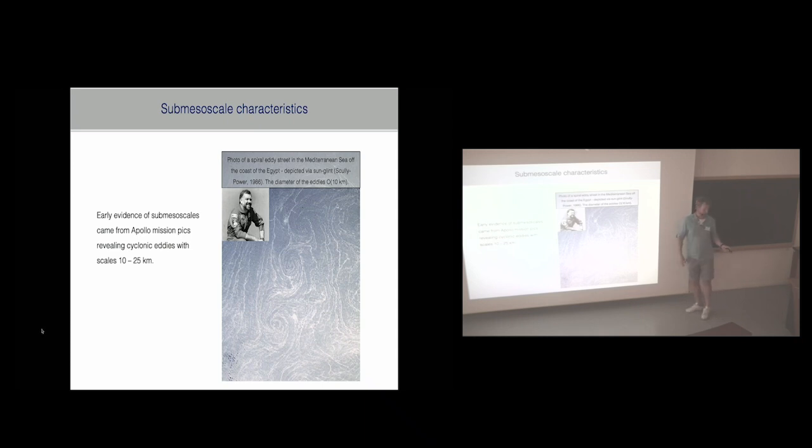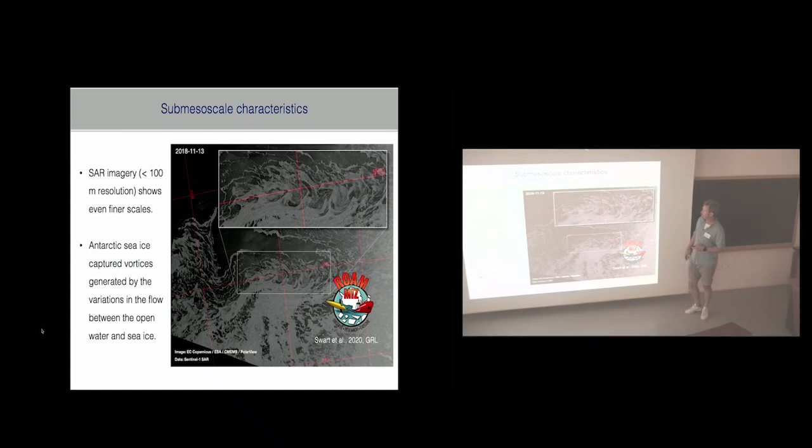In the Southern Ocean, they look something like this. And I went to trawl through the archive of SAR imagery and found some of these images in the marginal ice zone. So here we have SAR imagery, which is roughly able to resolve things at hundreds of meters in resolution. And here you can see the Antarctic sea ice as that tracer again, like we spoke about yesterday. It works as a wonderful tracer for the ocean circulation.